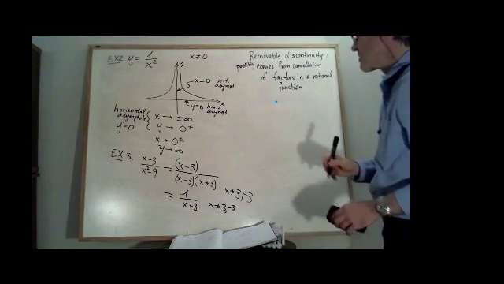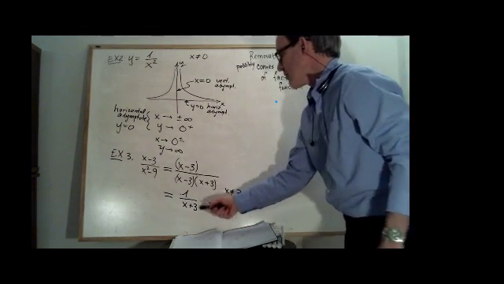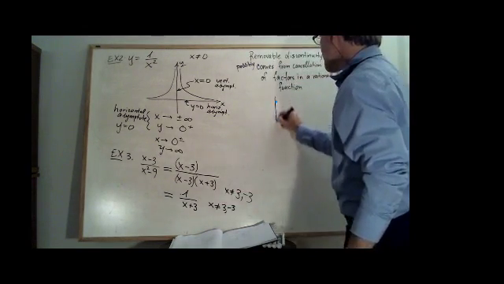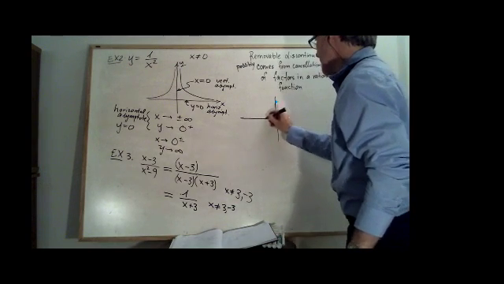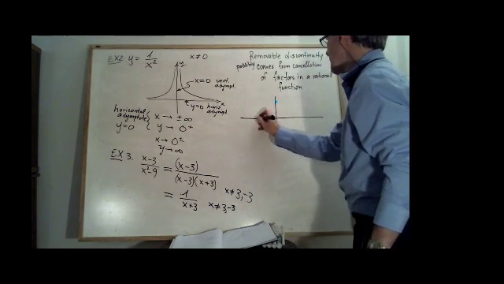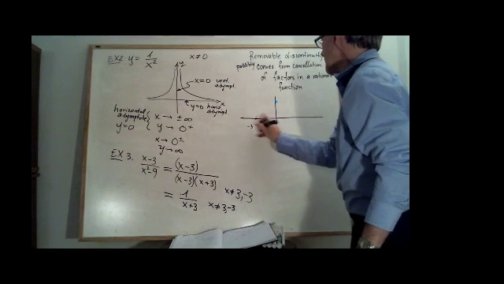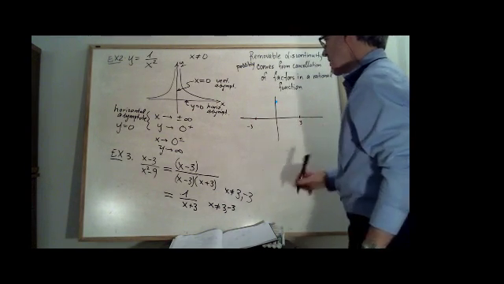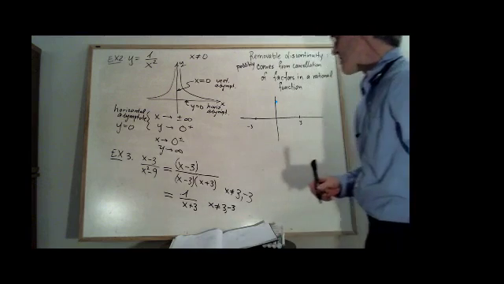Okay, so let's see what this looks like. If we plot this, for all the points besides x equals 3 and also minus 3, you get a function 1 over x plus 3.